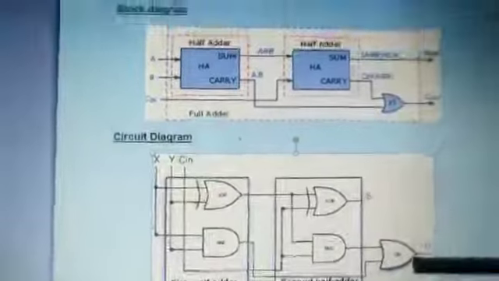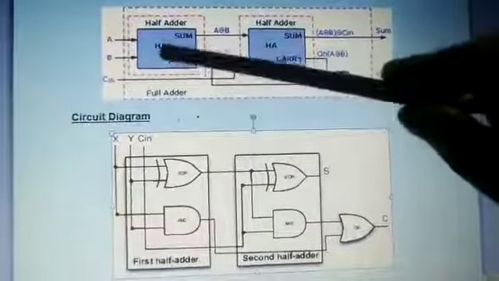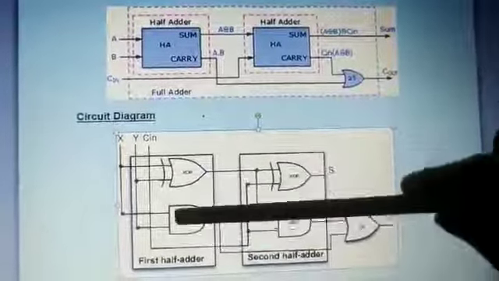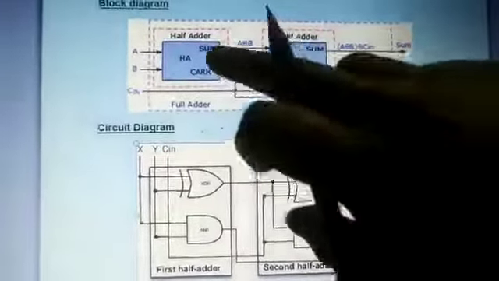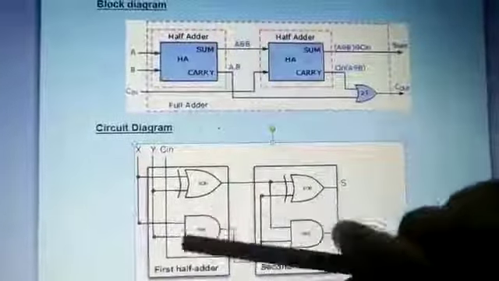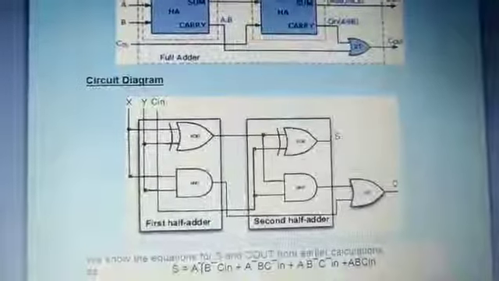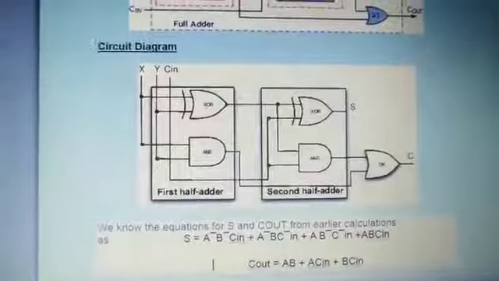This is the circuit diagram, and that was the block diagram. Instead of these square blocks, each is represented by the circuit diagram of an individual half adder. Nothing changes, you can just replace the block with these two gates, the XOR gate and the AND gate.